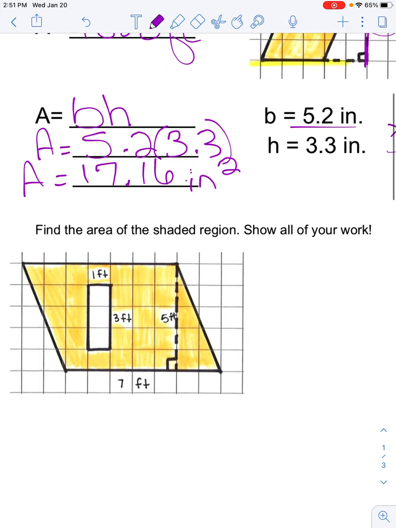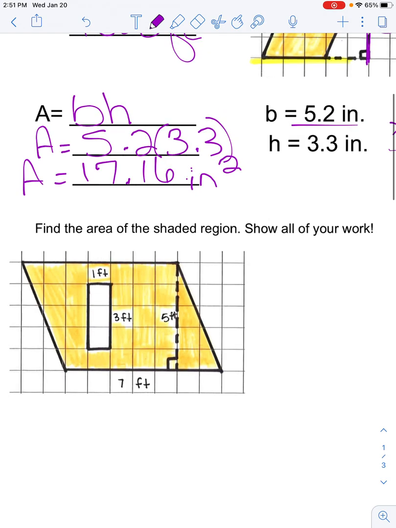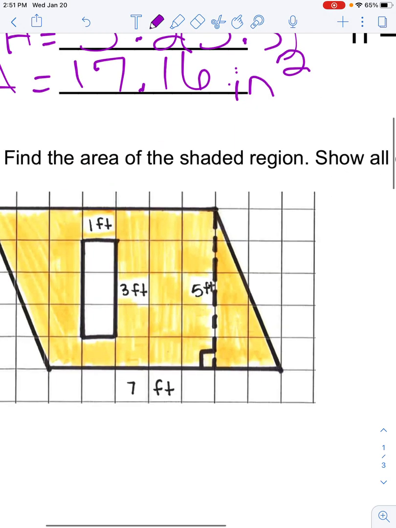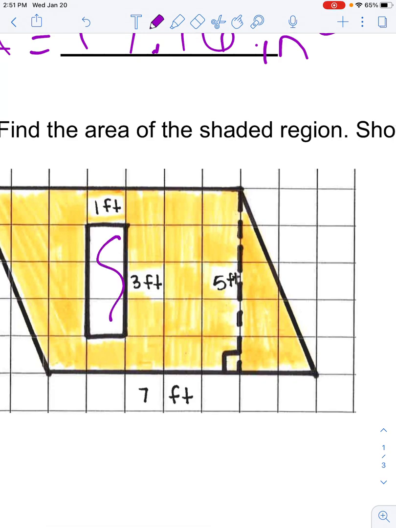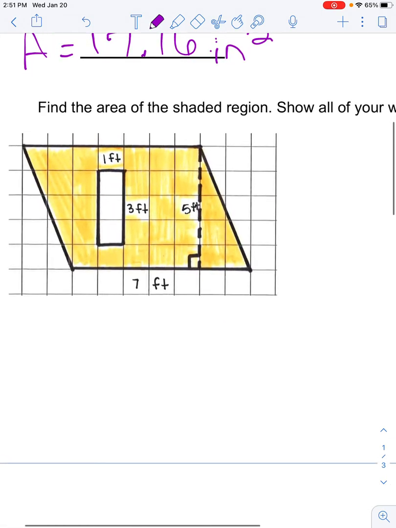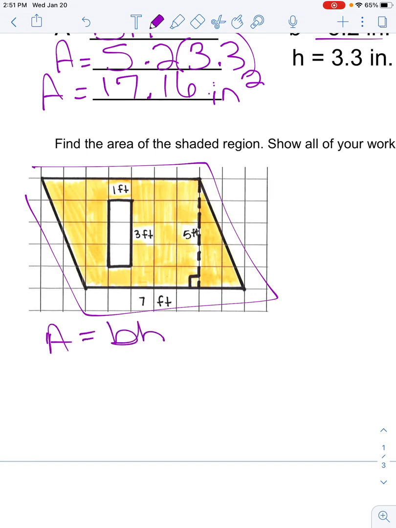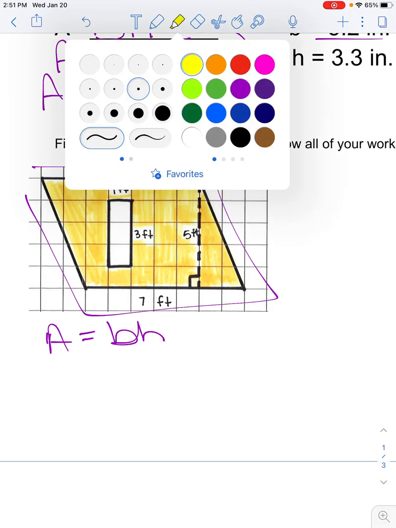So that would be review from day 1. Now we're going to find the area of the shaded region and show all work. Everything is shaded except for this little rectangle that's inside the parallelogram, agreed? Step 1, you're going to find the area of this entire shape.